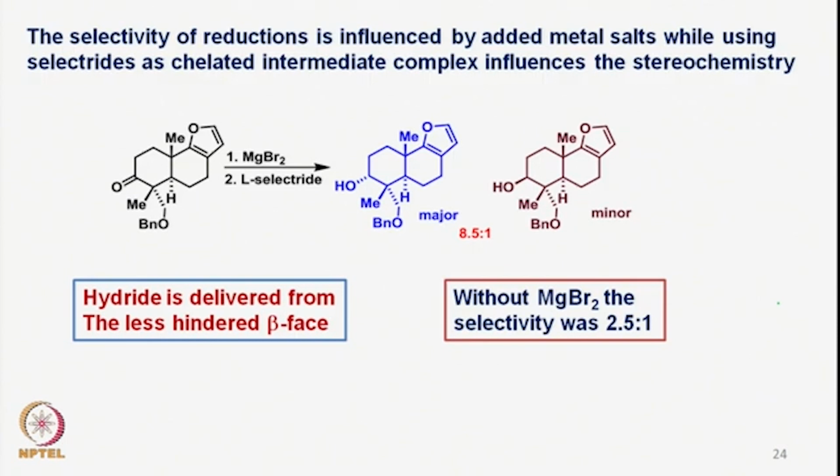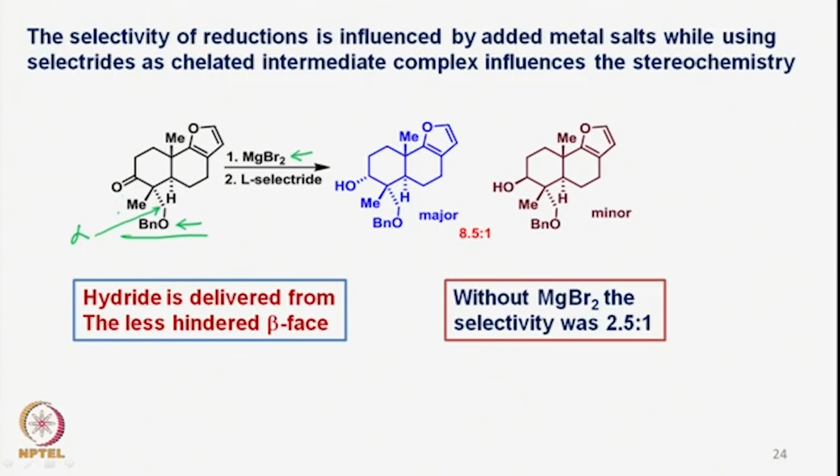These are called selectrides because of the selective nature of the reducing agents, and if we take this example here, we can see that the group here, which is the benzyloxy group, is very close to the carbonyl group and is alpha oriented, and if we add magnesium bromide to this, we can expect that there is a chelation between this benzyloxy group and the oxygen group with the magnesium bromide.